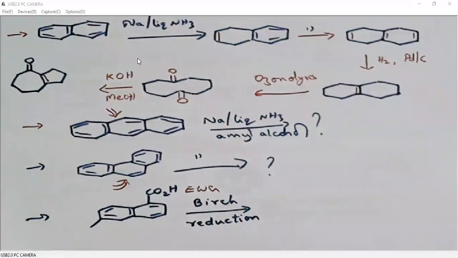If you have two donating groups, then what we will do? We will reduce the ring which is less electron donating. For example, if there are two different groups like plus I and plus M, then we will choose the plus I group.